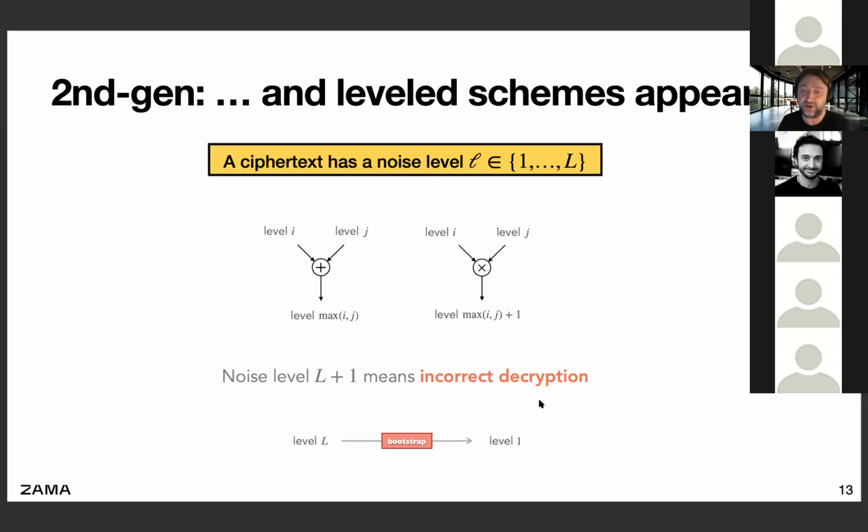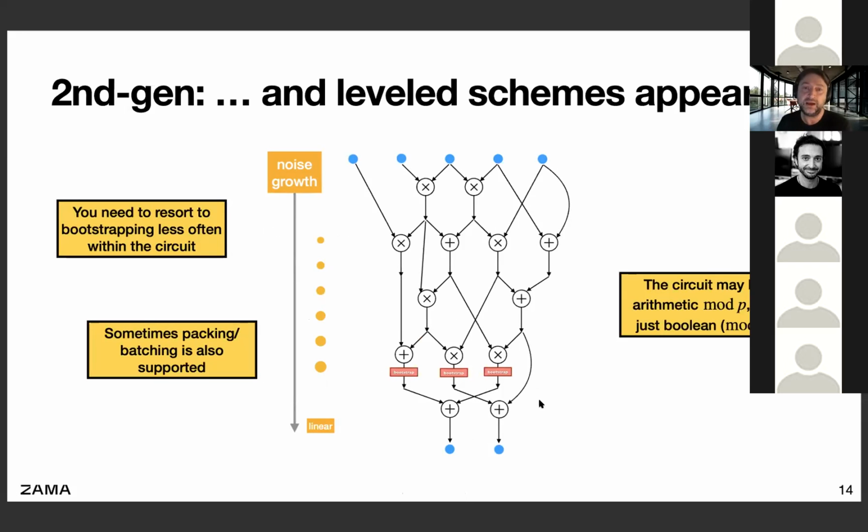So it was a definite improvement, and it allowed the noise to grow linearly within the circuit with multiplications. The multiplicative depth of the circuit still matters, but it's less desperate. The noise doesn't grow exponentially, just linearly.